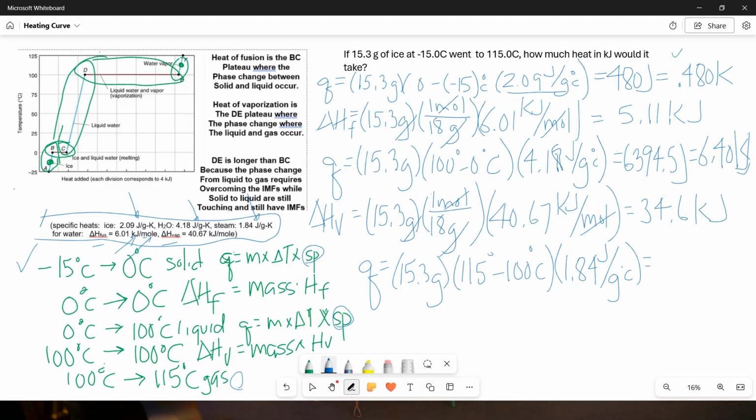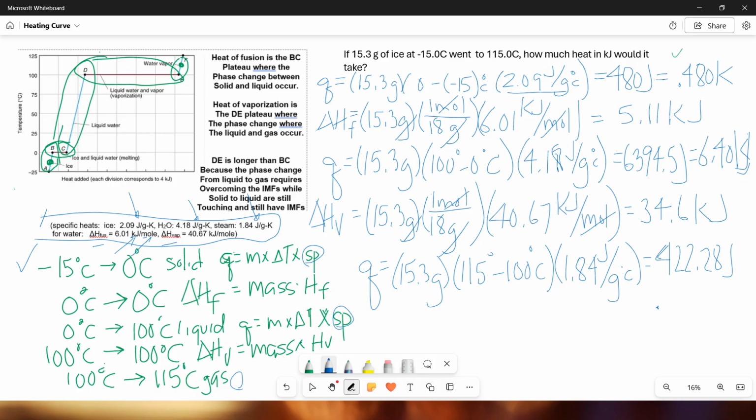And when we multiply across here, I'm going to get 422.28 joules. And if I divide that by 1,000, I'm going to get 0.422. I'm going to keep some sig figs here, kilojoules.